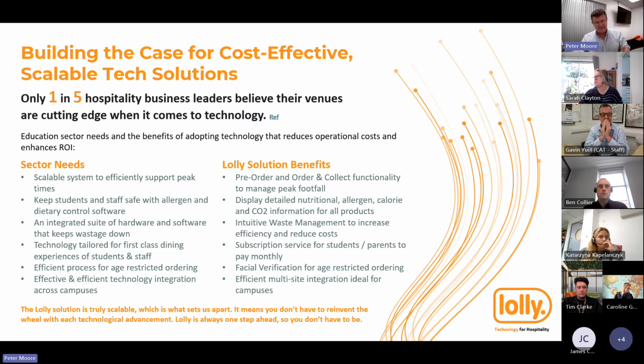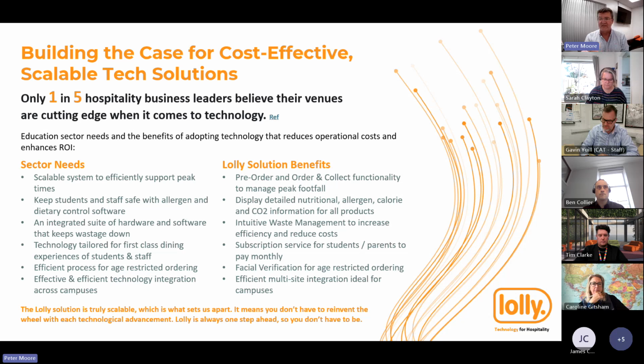Food wastage and saving the planet is on everybody's radar, and it's one of the biggest challenges to bring into our technology environment. Then first class dining. Your students of today expect great service and great food. How do we deliver that using technology and the fantastic chefs and staff that you employ?